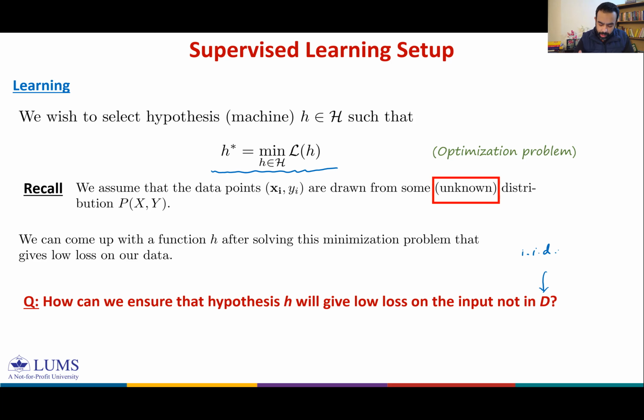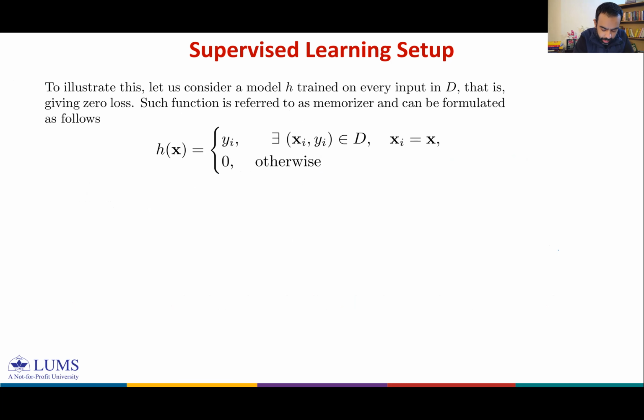But how do we ensure that the hypothesis you select will give low loss on the input that's not in D? So let me illustrate this with the help of one example. Right?